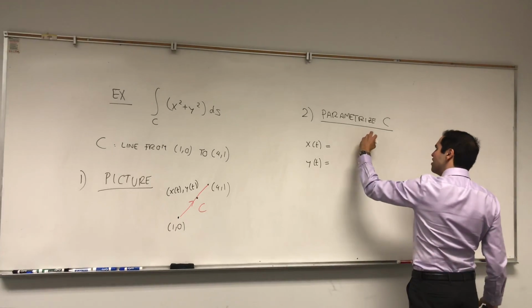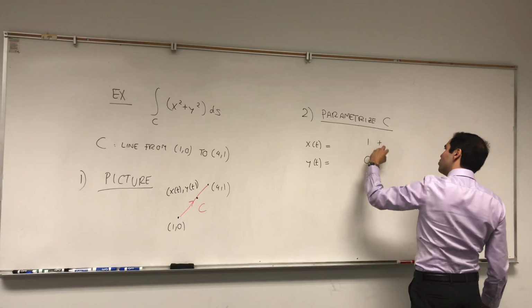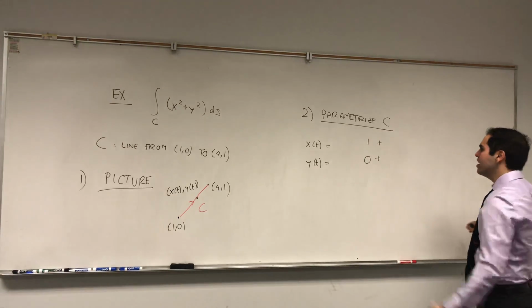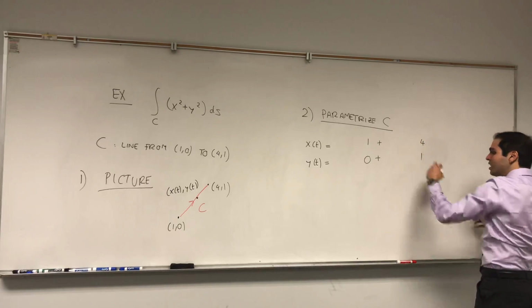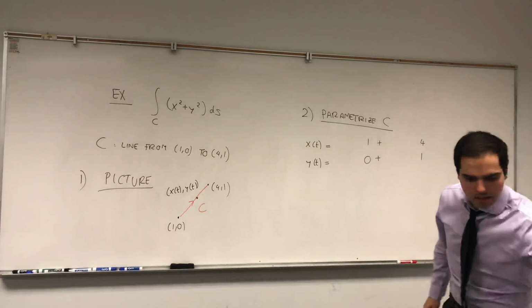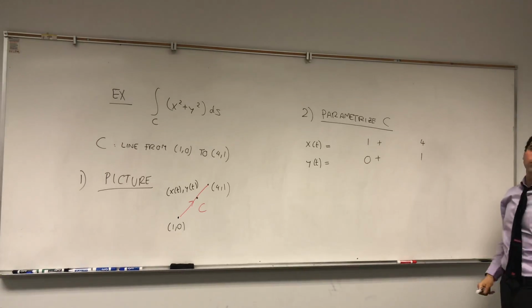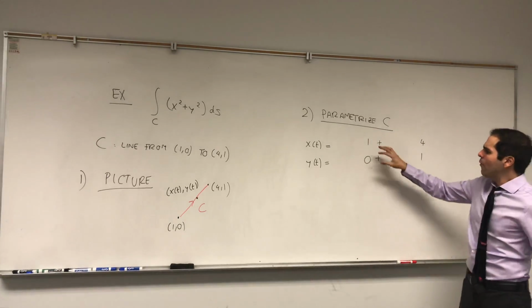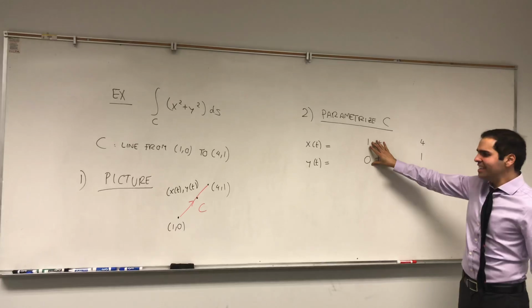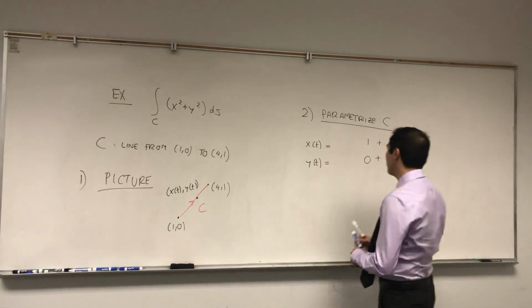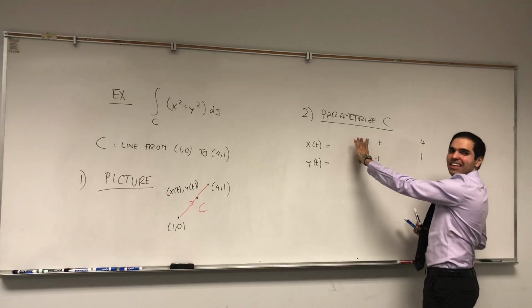And the way you do this is with this on and off switch. So you put your point (1, 0) here and the point (4, 1) here. And the question is, do you put 1 minus t or do you put t here? Well, at t equals 0, this should start at (1, 0), so you don't want to kill this.